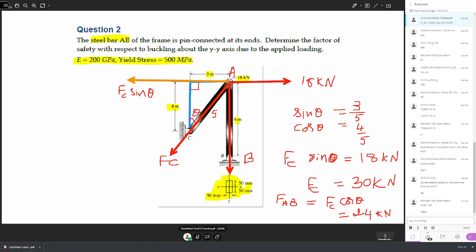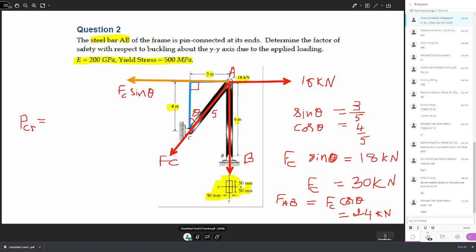Guys, is that clear? So the force or the load is acting vertically along the YY axis. So therefore, you can calculate the critical load. So what will be the critical load?